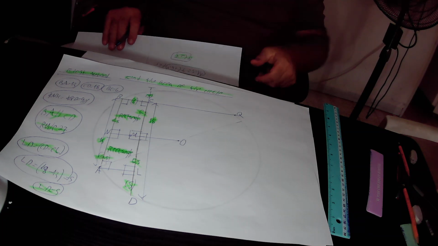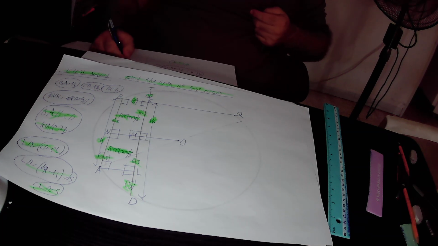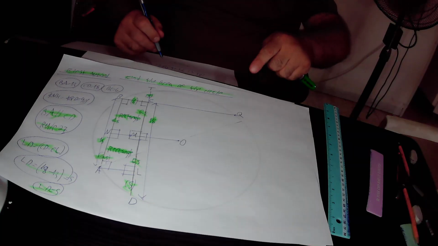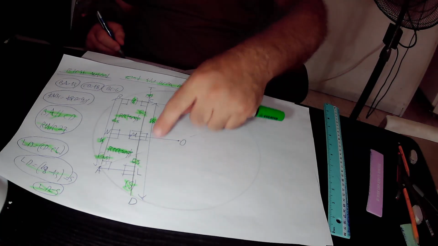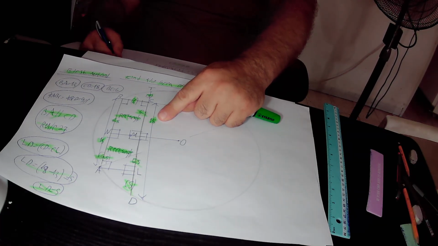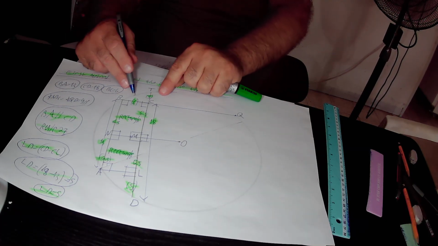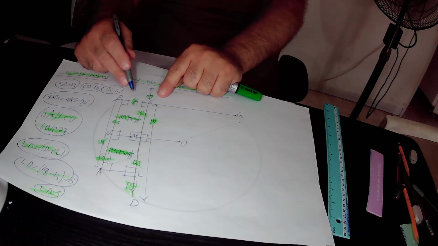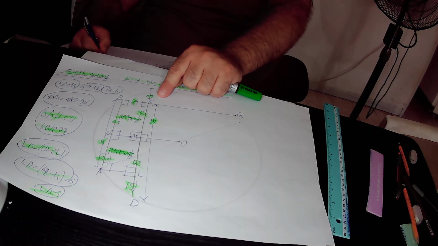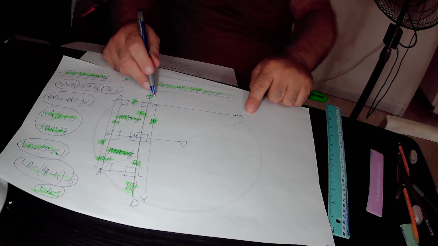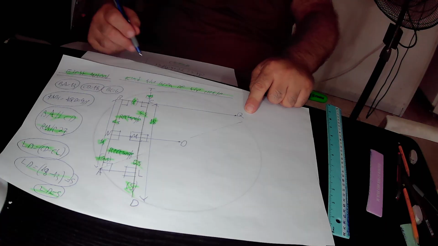TC is 5, times CD. CD is 18 according to what is given in the question, and it equals BC. BC is 6, also according to what is given in the question, times CQ. CQ is the missing line segment, so we leave it as it is.